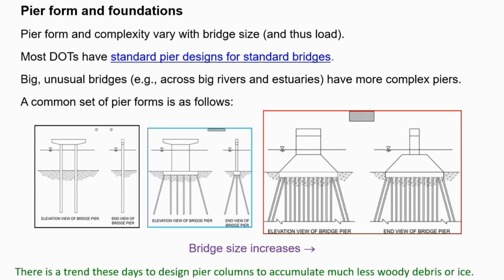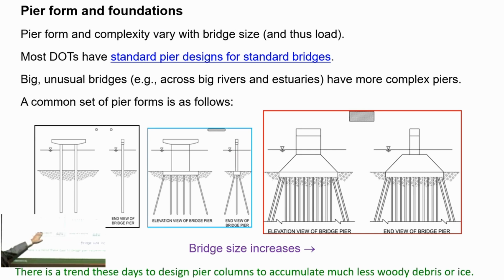Also, as I indicate in green here, there's a tendency these days to simplify the geometry, so less accumulation of woody debris or ice against that structure. So these types of multiple pile pier and or simple pier column like this.